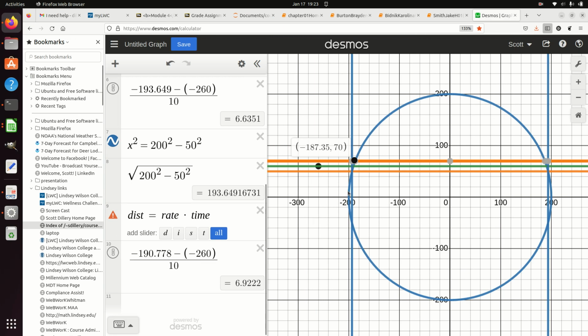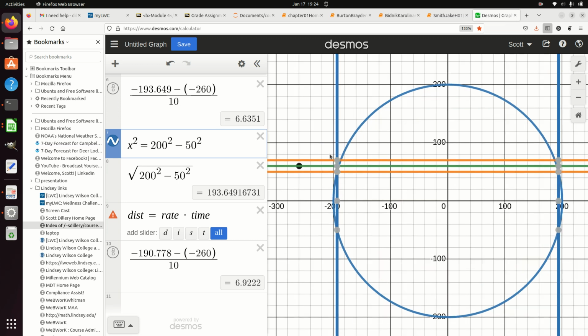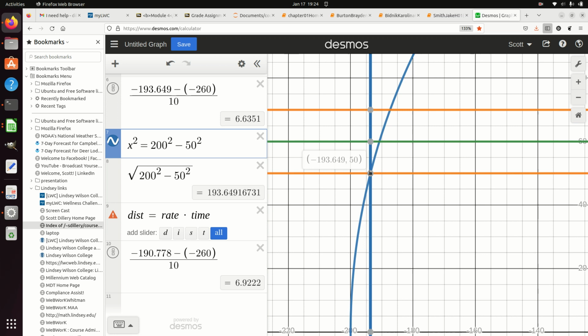Well, the area I don't know, but it's no bigger than going from this minus 193 to that 193, okay, because I can make that rectangle. So it's no bigger than that, so you're bounding it from above by making a rectangle here. Let me scoot in here a bit on the picture, right?